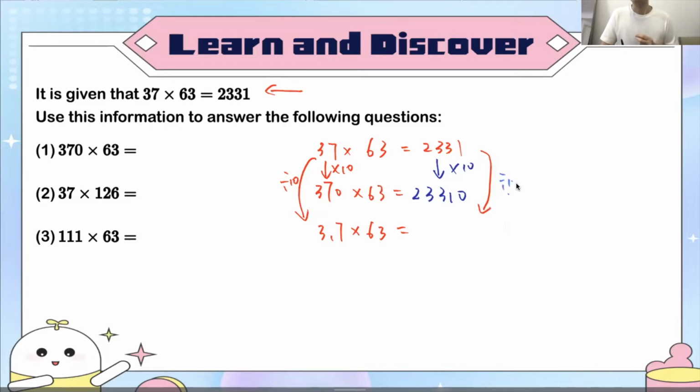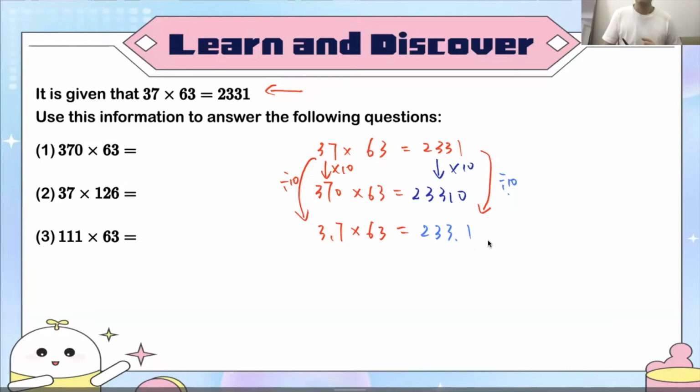We just divide this product by 10 and we will have 233.1. So when we change one multiplier and the other one stays the same, we do the same operation on the product.